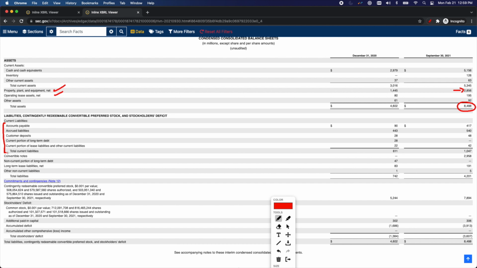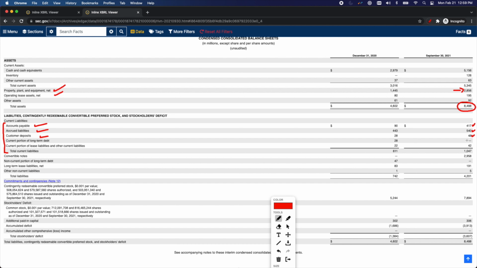Now, in terms of liabilities, they have $417 million in accounts payable, money that they owe to suppliers, some accrued liabilities as well, and customer deposits.